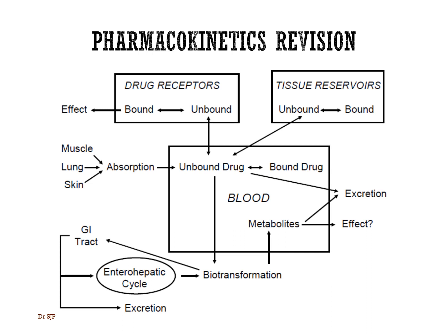Or alternatively, some of the drug may be reabsorbed again further down in the gastrointestinal tract, which is the so-called enterohepatic cycle. And any biotransformed drug which is not excreted in the bile passes back into the systemic circulation.